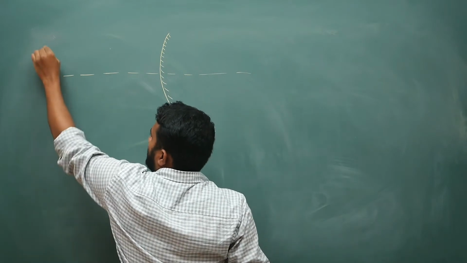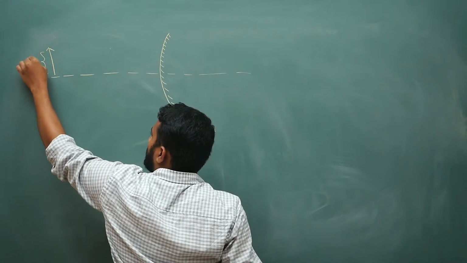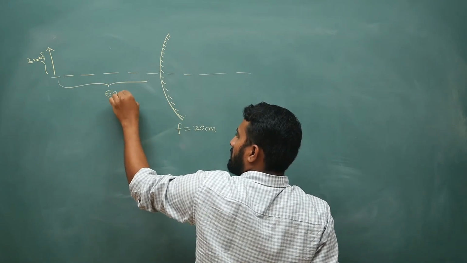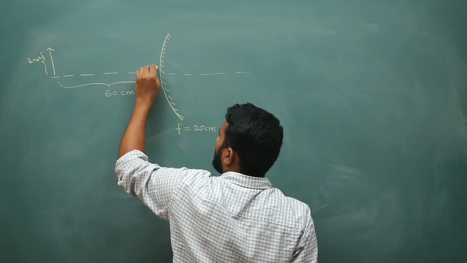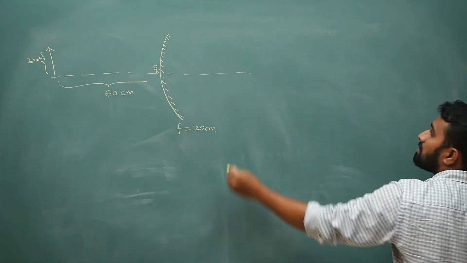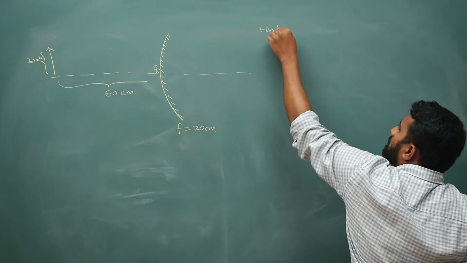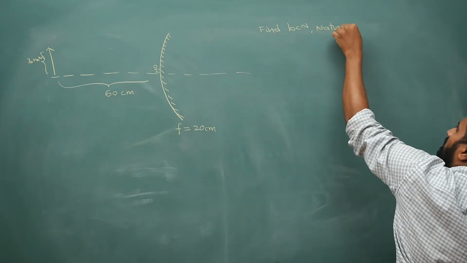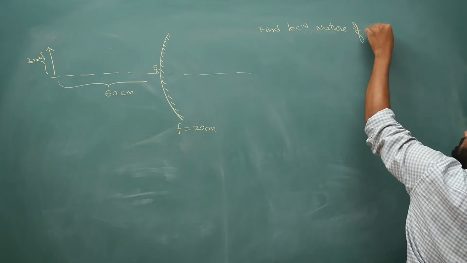Your object has a height of 3 mm. Object distance, I will take the same so that you will not get confused with the sign convention. This is your pole. Question is, find location, comma, nature of image.